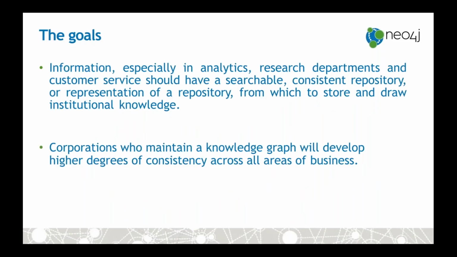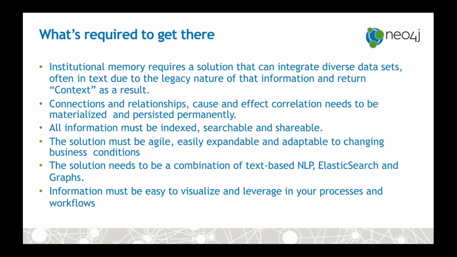So the goals basically are that the idea is to have this very rich, context-meaningful repository from which to store and draw institutional knowledge. Essentially, a corporation that maintains such a knowledge graph will always be one step ahead; they're not going to lag behind or get bad information. What's required to get there is all about data integration.